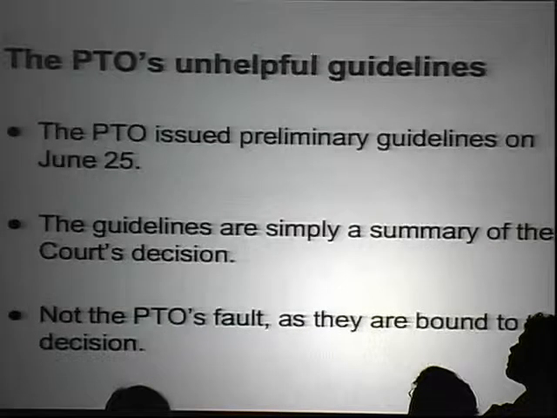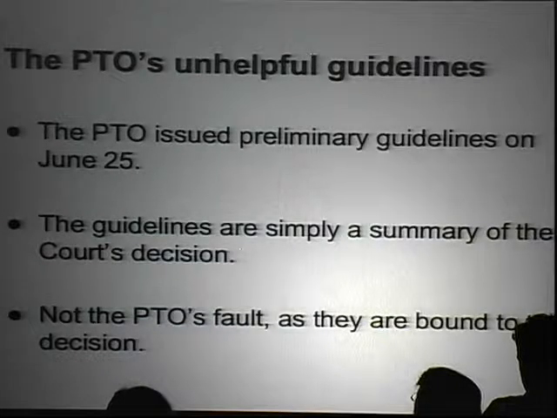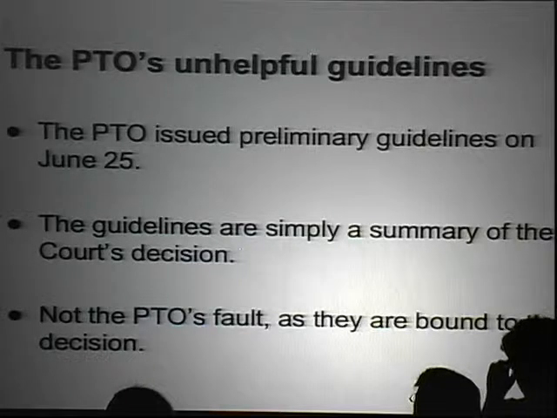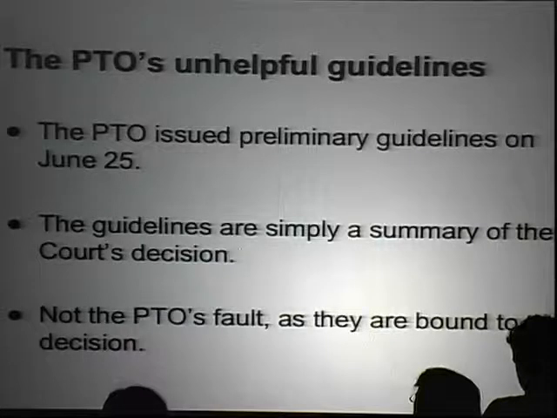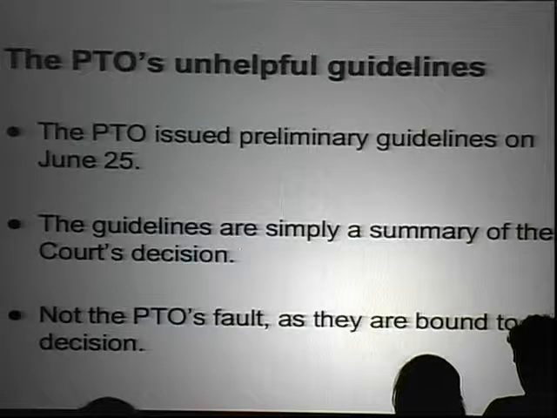I think the Patent Office is currently struggling to figure out what's going on. They released guidelines on June 25th. If you're especially curious, I've got a website up with a link to their guidelines. The guidelines basically just repeated the decision in Alice, and that's fine. It's not their fault because legally that's what they are bound to.